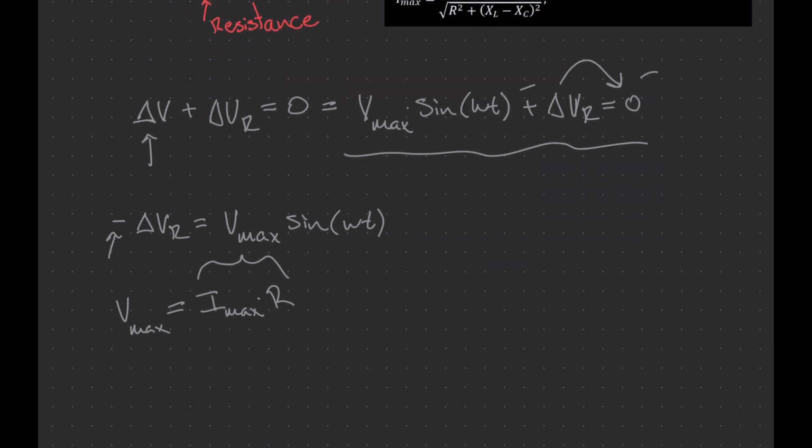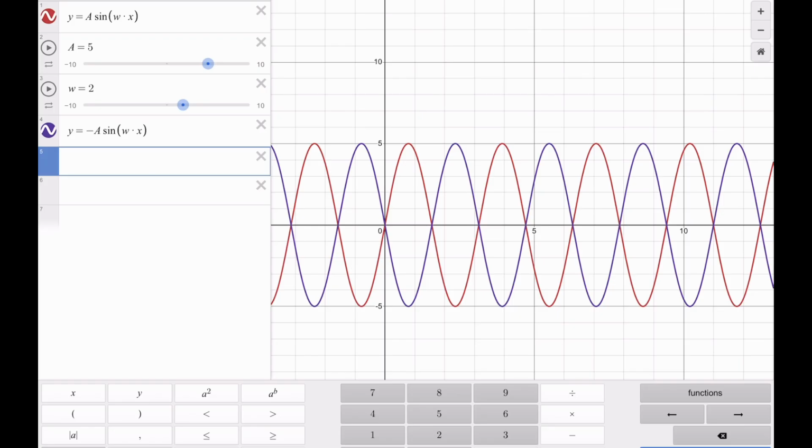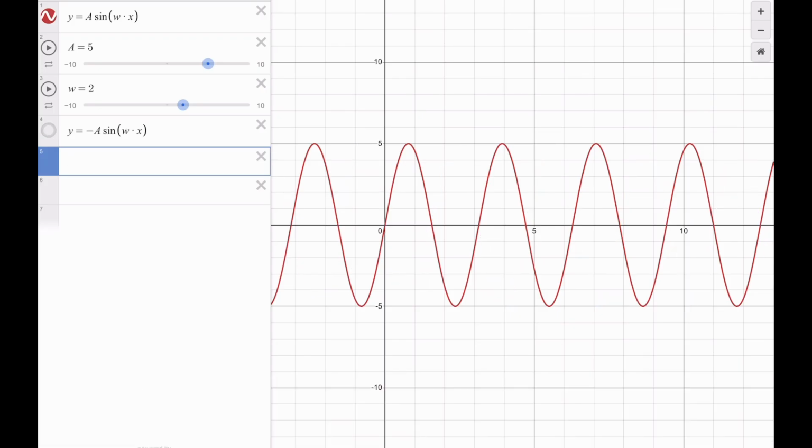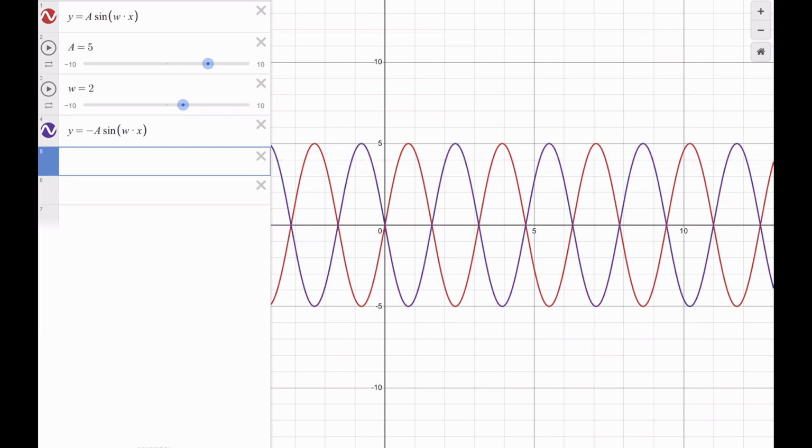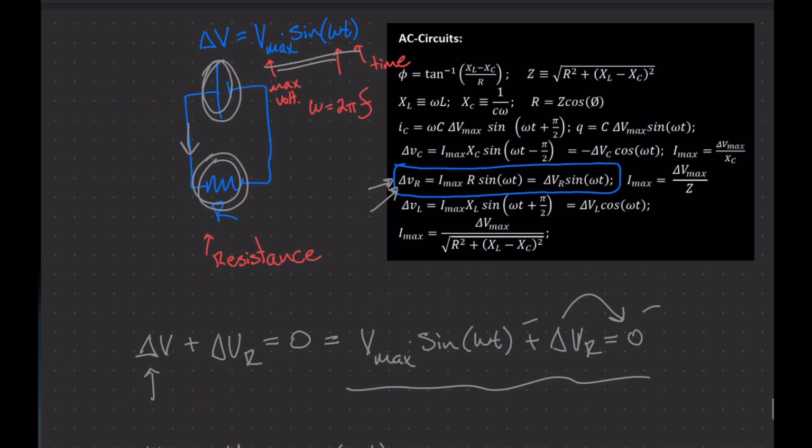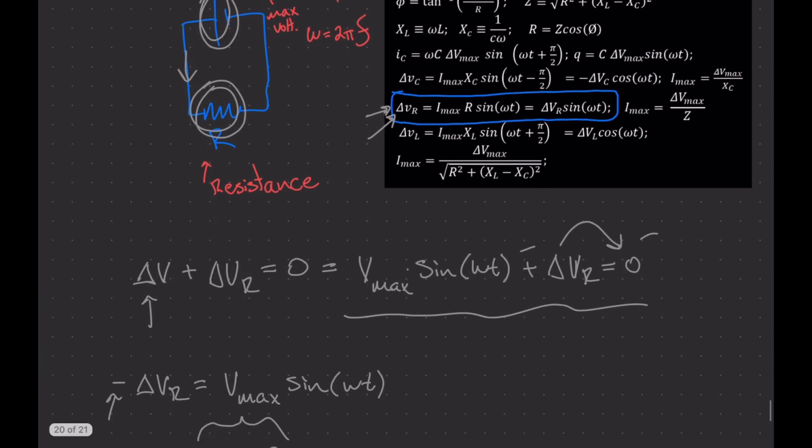This minus sign is a bit interesting. Okay, so what I have here is this function here, the red function, which is the voltage supply, and then here we have the same function except with a minus sign in front of it. So you can see they're completely like mirror images, and this is a bit of an inconsistency.